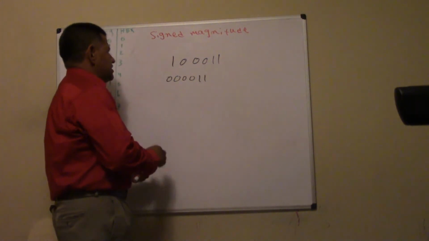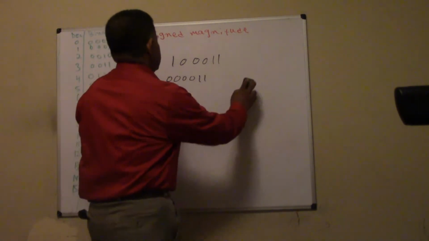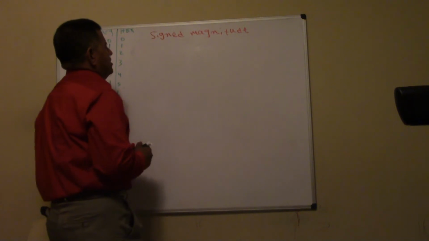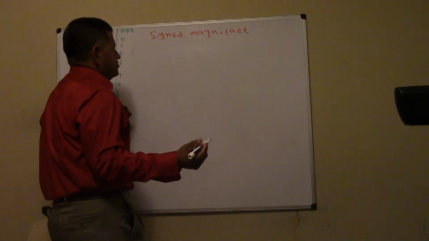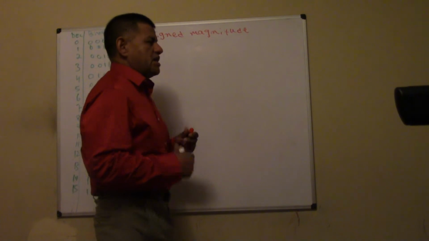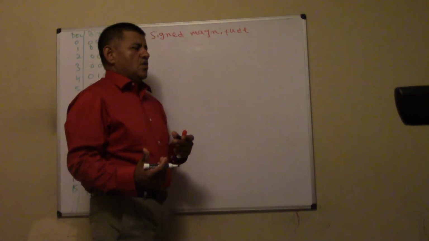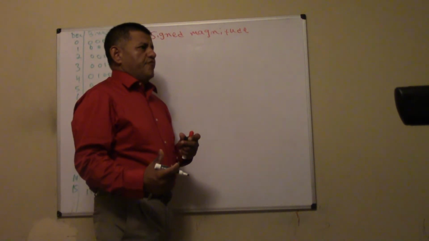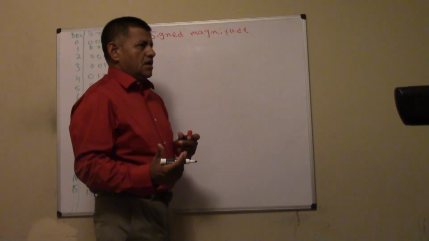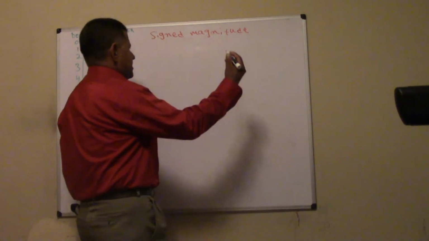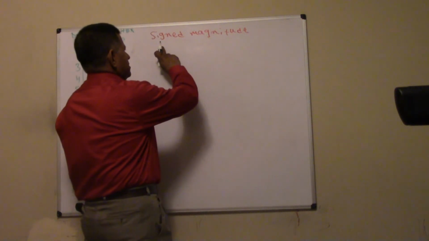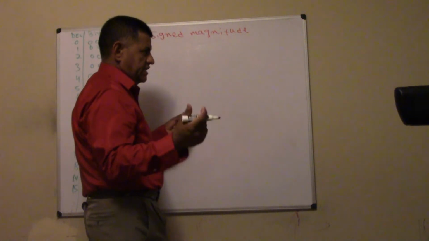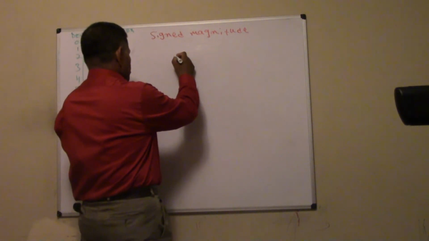For example, let's say that you are asked to represent 25 in binary, unsigned, which is basically a positive number.